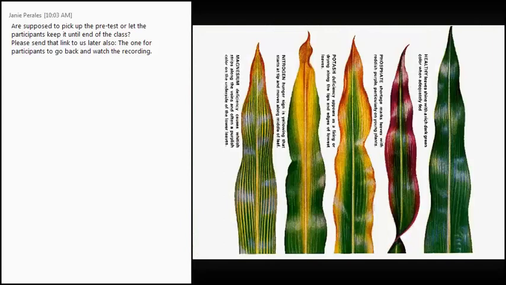So, my little thing that I've used before. This is a corn leaf that is sufficient in all nutrients. This is phosphorus deficiency, purpling of the edges and a very green midrib. Potassium is a firing of the edges and a green midrib. The nitrogen is a V-shaped firing of the midrib and green on the outside.